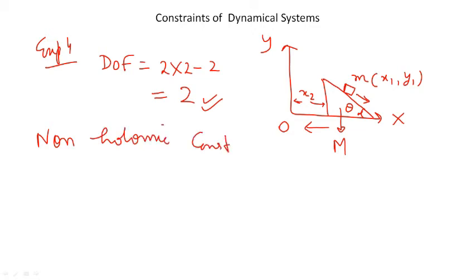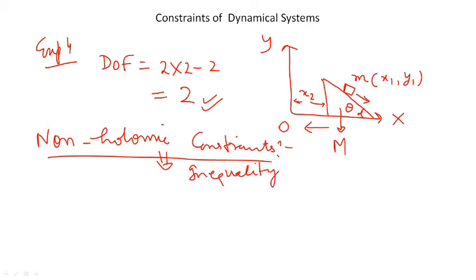It is very simple to say that those constraints which cannot be written in the form of holonomic constraints are called non-holonomic constraints, or the equation for non-holonomic constraints will be in inequality form. Here we will take some examples.